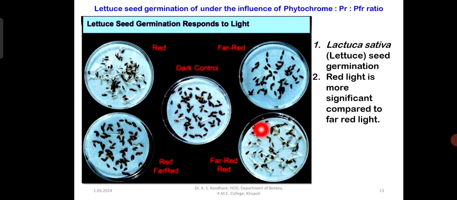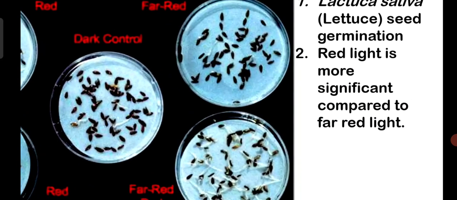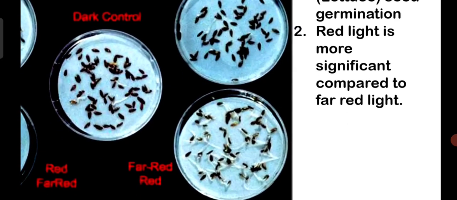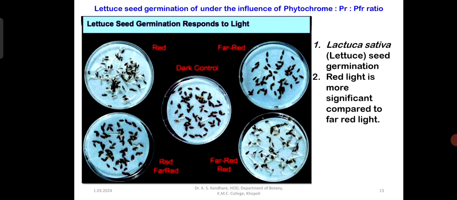So you can see the combination, especially when far red light is followed by red light, right? This dose is very, very important. So a high ratio of red to far red light is more beneficial. So this is the conclusion.